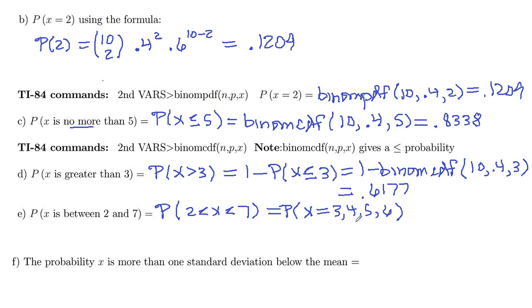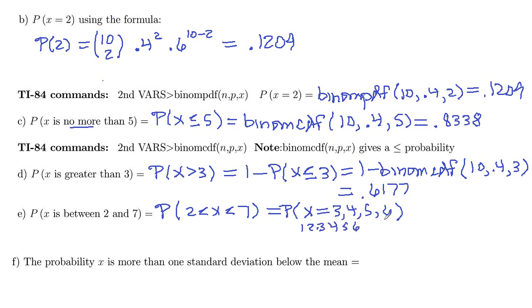So we have to write this in terms of equal or less than or equal probability. So we could do probability of 3, 4, 5, and 6, like we did probability of 2 here. So we could do binomial PDF 4 times. Or you can do less than or equal to 6, which would be 0 through 6.